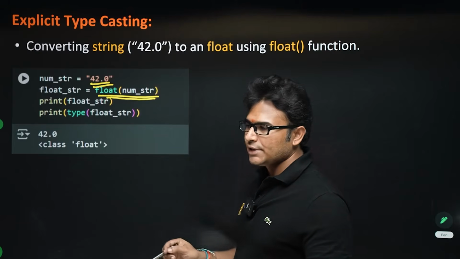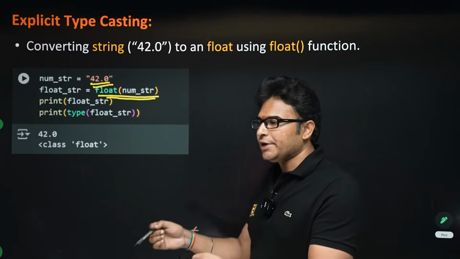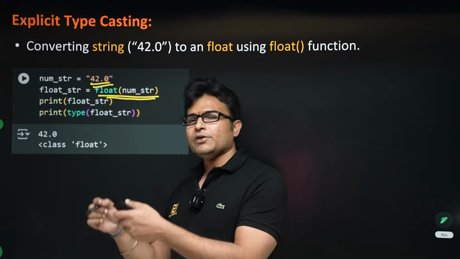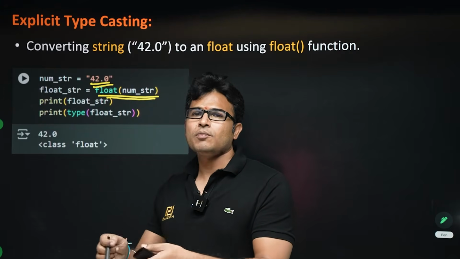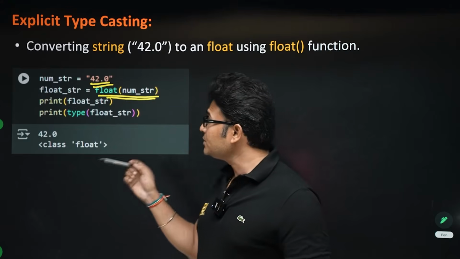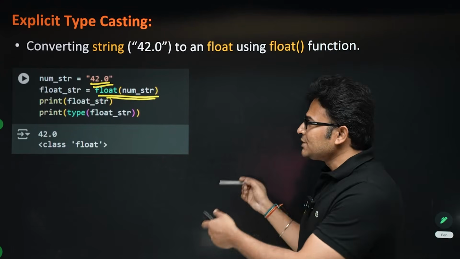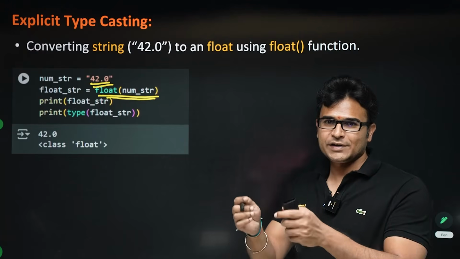So what I mean to say is, if there is a string which contains a float, if you try to convert it into a float, it will get converted without any problem. But there is a problem when you do it for an integer. So all that I am teaching is to arrive at that point.